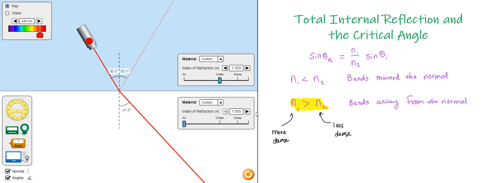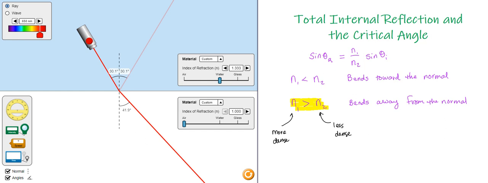And remember that the index of refraction can never be less than 1. Here we're approximating air as being a vacuum, because we're saying that the speed of the light in the air is the same as the speed of the light in the vacuum. So if you are confused as to what I'm talking about with refractive index and speeds of light, you want to go back and check out the other optics videos to get some of those definitions down.